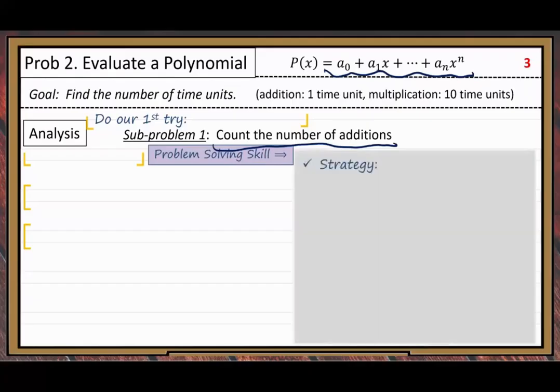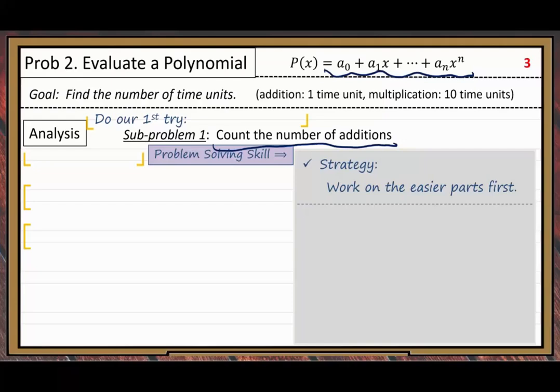Recall the strategy. We applied some strategy in the previous slide, right? Here, we do the same thing.